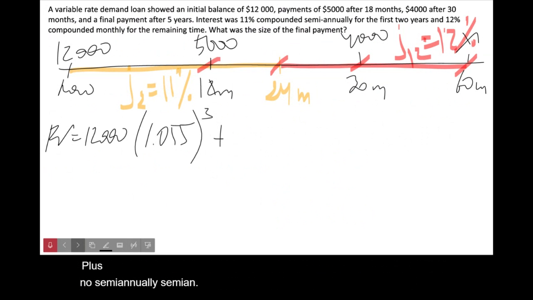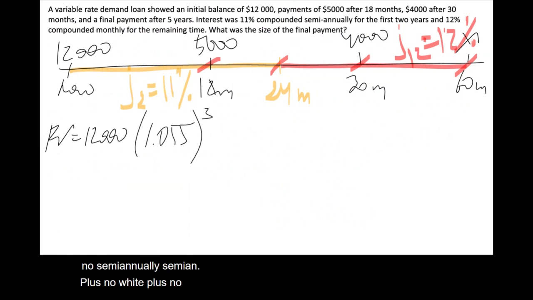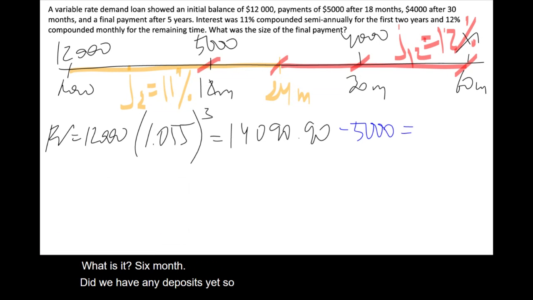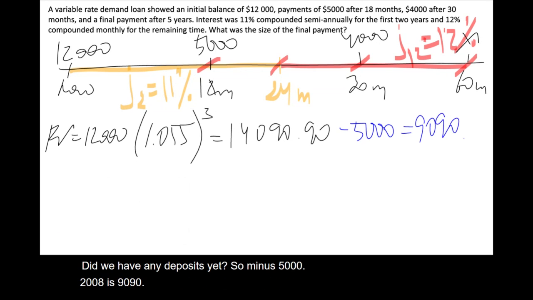Equals 1.055 exponent 3 times 12,000, which is 14,090.90. Next interval, 6 months. Did we have any deposits? Yes, so minus 5,000, it is 9,090.90.